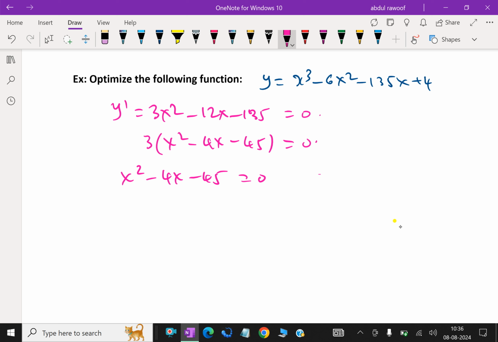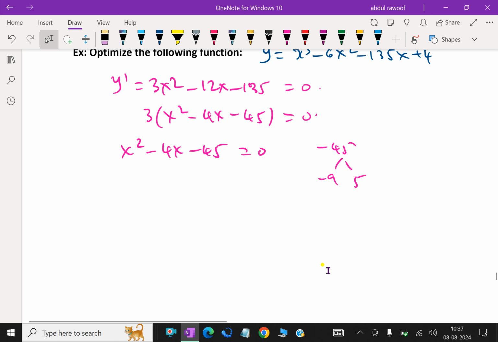This minus 45 can be written as the product of minus 9 and 5. Minus 9 times 5 is minus 45 and minus 9 plus 5 is minus 4. Therefore, factors are x plus 5 and x minus 9.